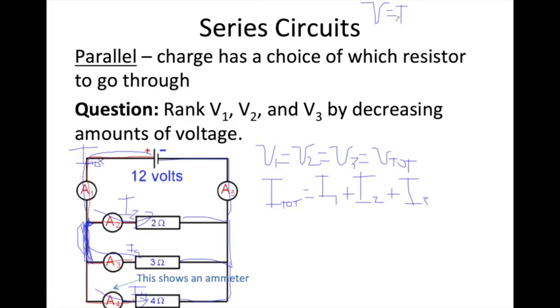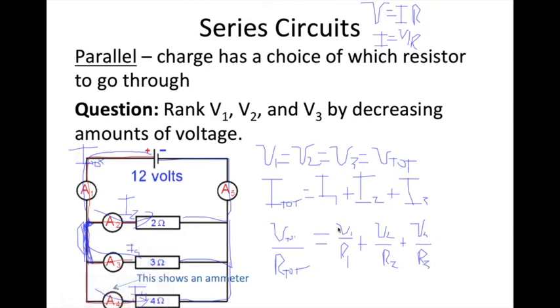Again, we can use Ohm's law for the individual resistors, so we know that V equals IR. So I is equal to V over R. So I total is going to be V total over R total, which we don't know yet. We don't know what the total resistance is. I1 is going to be V1 over R1, plus I2, which is V2 over R2, and I3 is going to be V3 over R3.